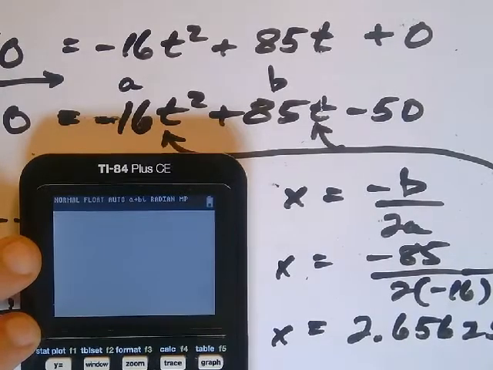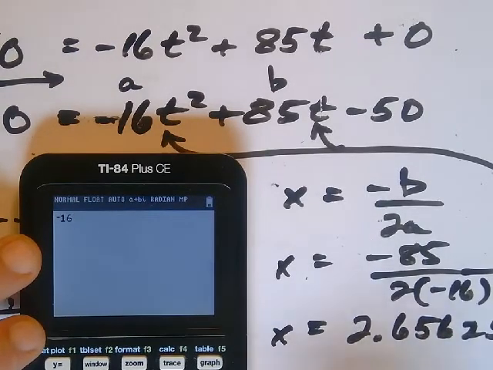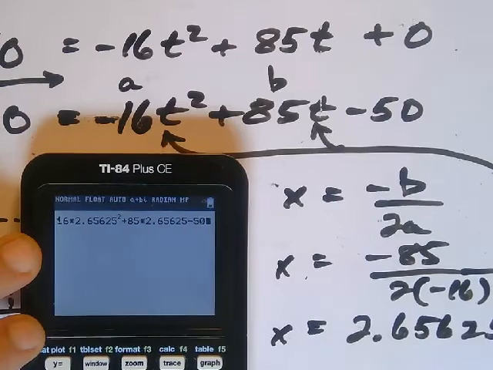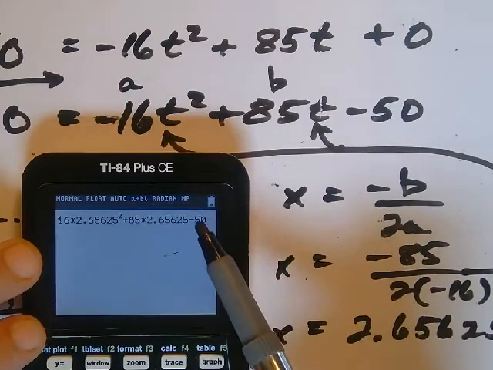I'm going to go negative 16 times x, or in this case t, x squared, which is 2.65625, and I'm going to square that, plus 85 times the same number, 2.65625, minus 50.